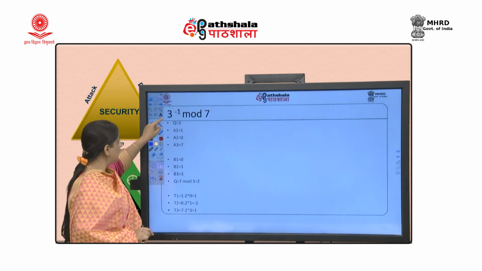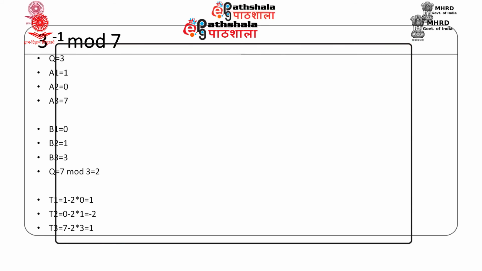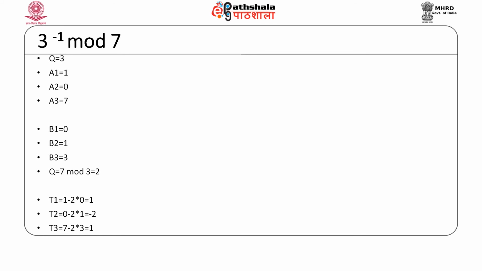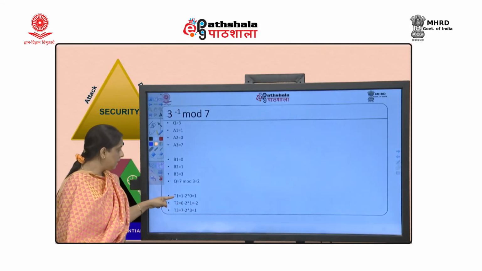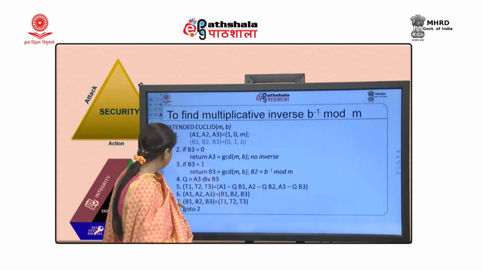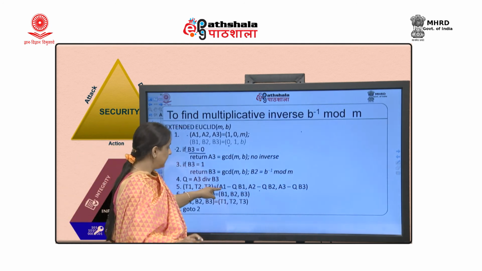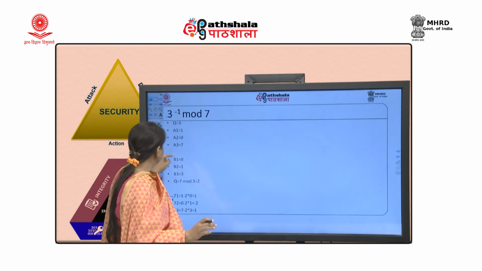So, this is an example: 3 inverse mod 7. A1, A2, A3 would be 1, 0 and 7, B1, B2, B3 would be 0, 1 and 3. If you find Q, it would be 7 div 3, that is 2. According to the algorithm, you have to update T1, T2, T3. T1, T2, T3 is A1 minus Q B1.